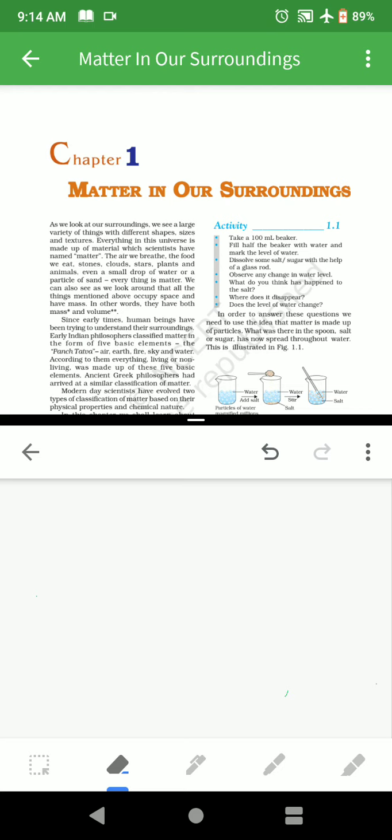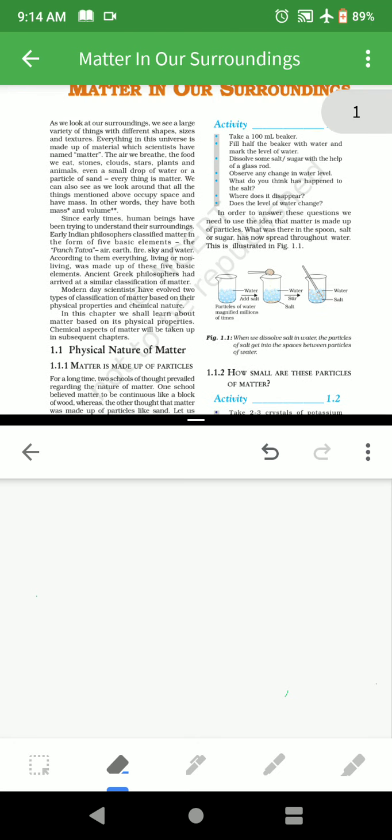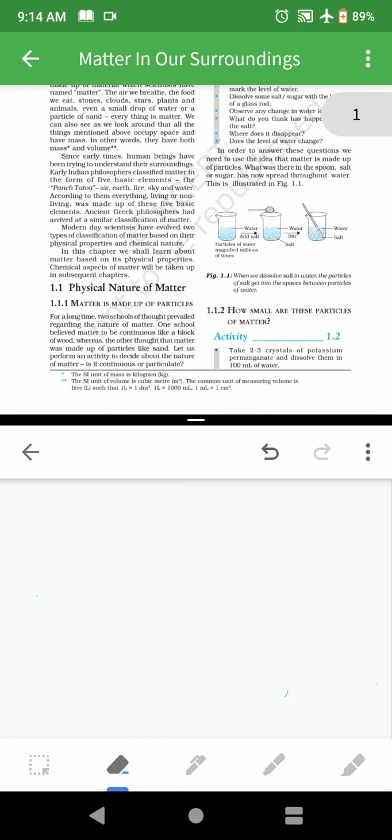Okay, as we have seen, matter is made up of particles, and I have explained about these particles also. How small these particles are and how matter is made up of particles.